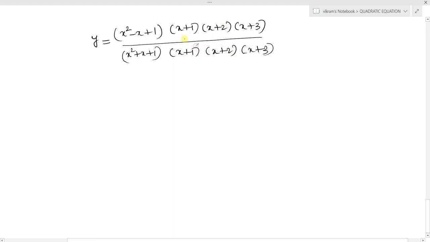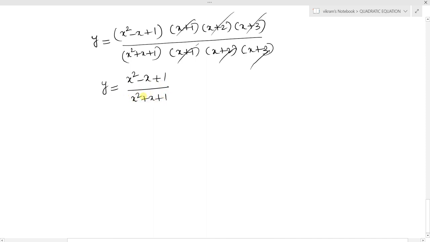Now these are the three common factors. Then we can cancel out x plus 1, x plus 2, and x plus 3. Now the function becomes y equals x square minus x plus 1 by x square plus x plus 1.